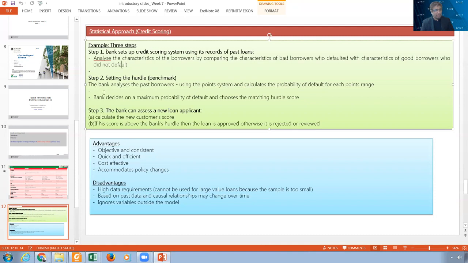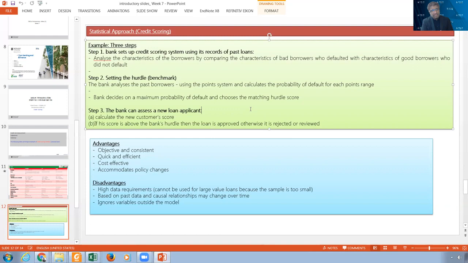Then when you set that, you analyze the best borrowers using a point system. This is what we call the point system. And then when you take the people who default from the list, you see what scores they achieved, and that will be the benchmark.